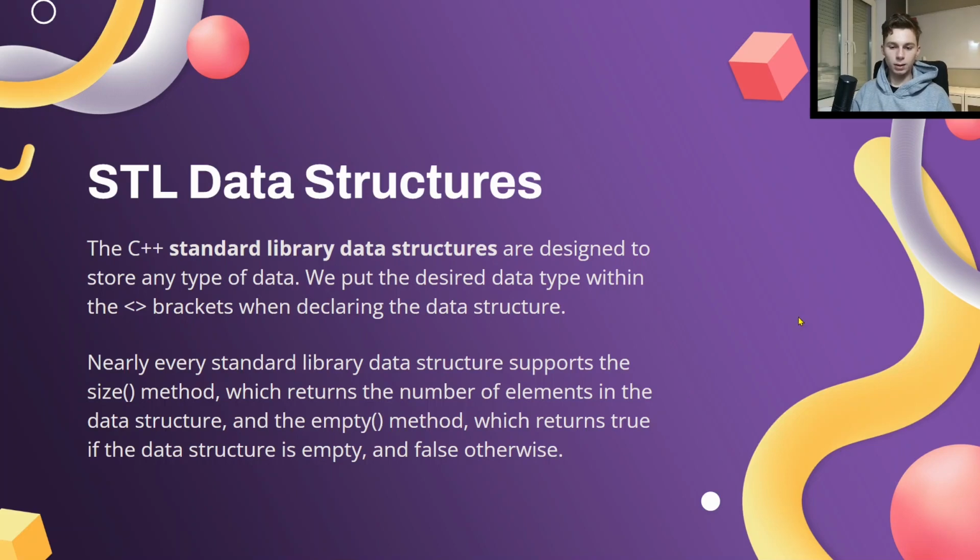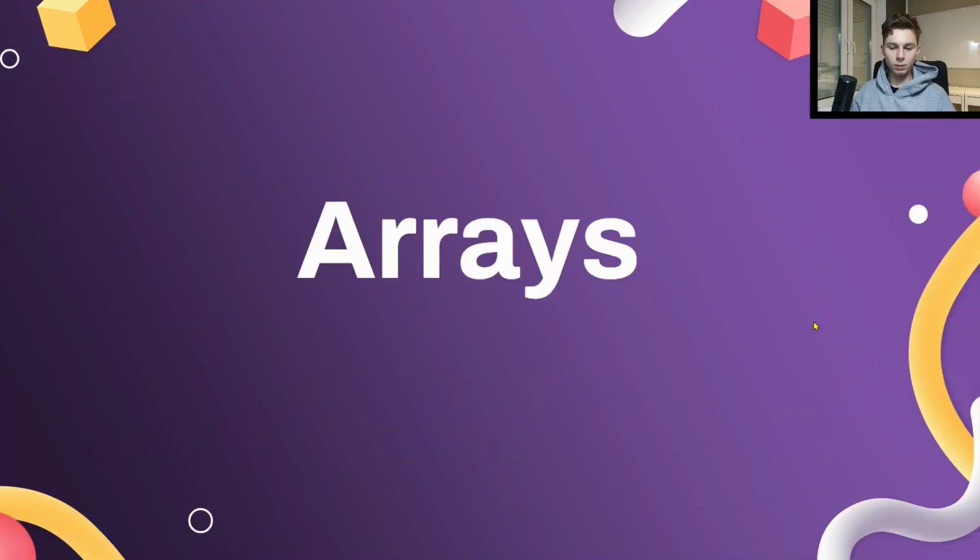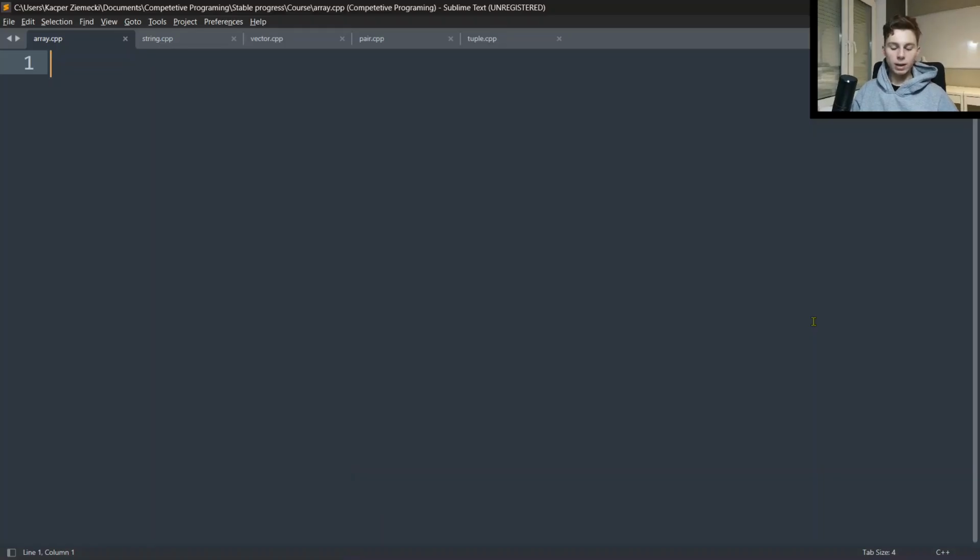Now let's go to some examples. First of all, let's explain what arrays are. I will explain arrays in some code. So first of all, how do we initialize, define an array. In C++ it is very easy.